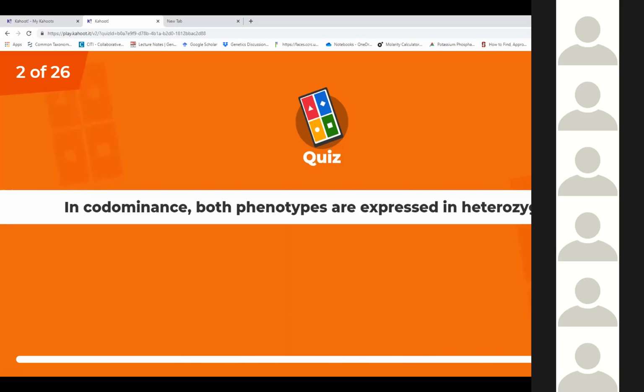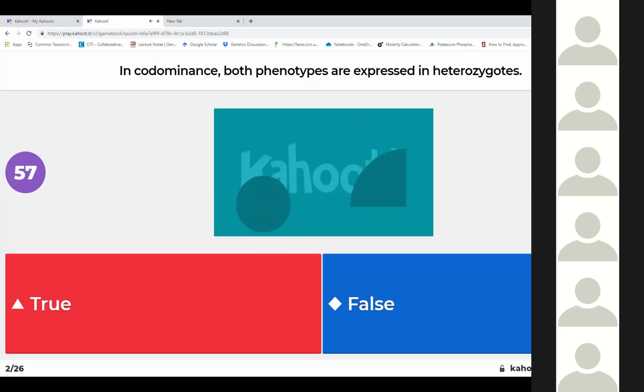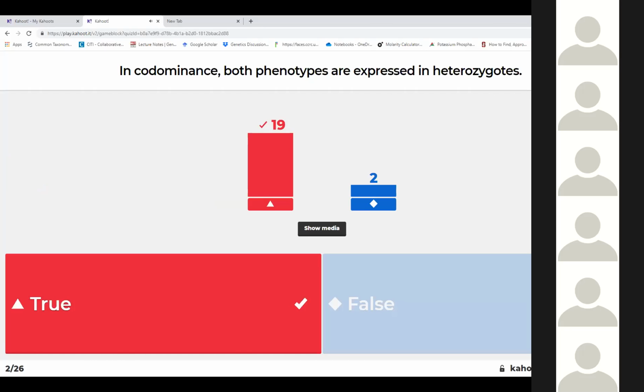In codominance, both phenotypes are expressed in heterozygotes, true or false? Okay, so codominance, yes, both are expressed.